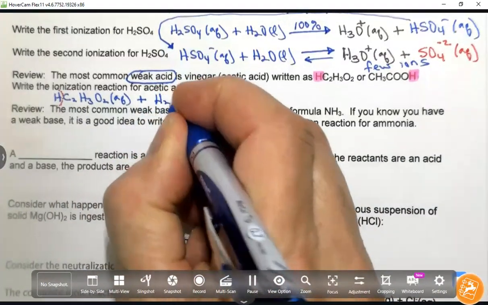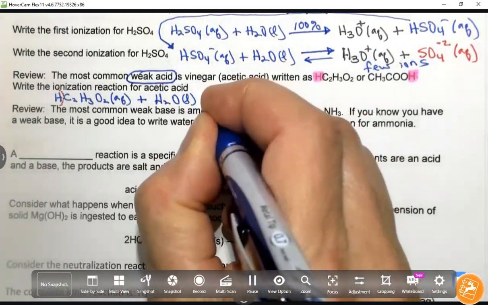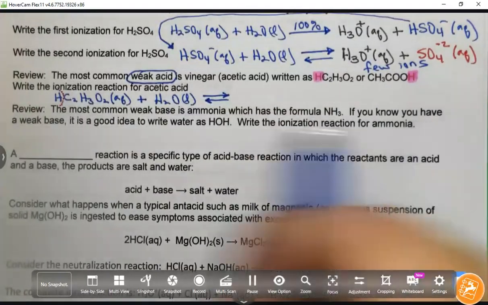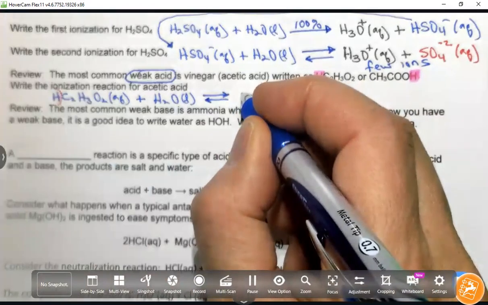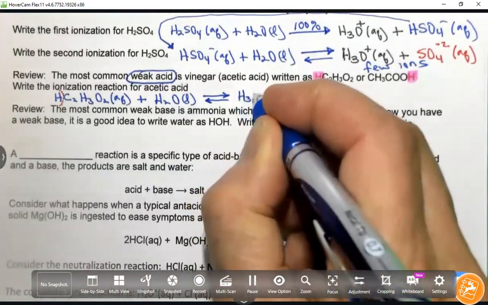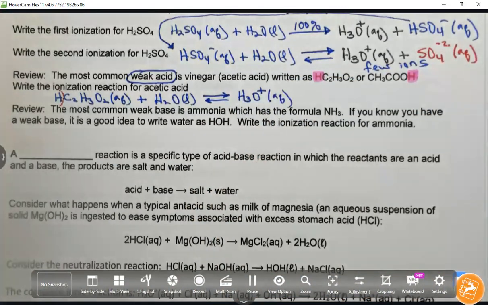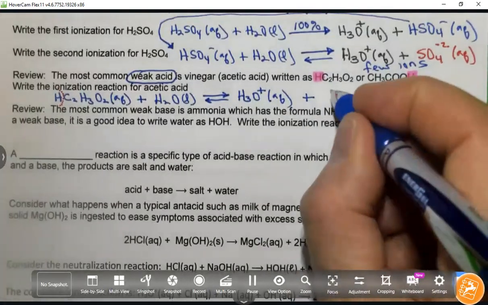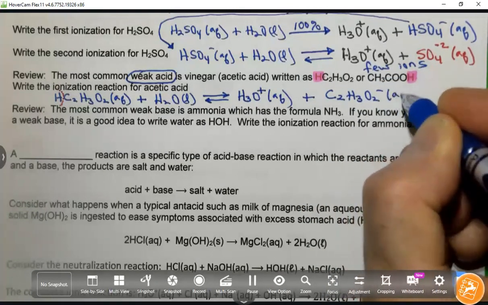Plus H2O, liquid, double arrows. If an H plus comes off, we are going to get H3O plus and then C2H3O2 minus.